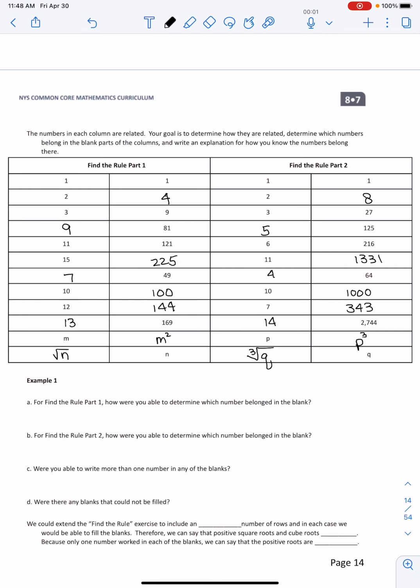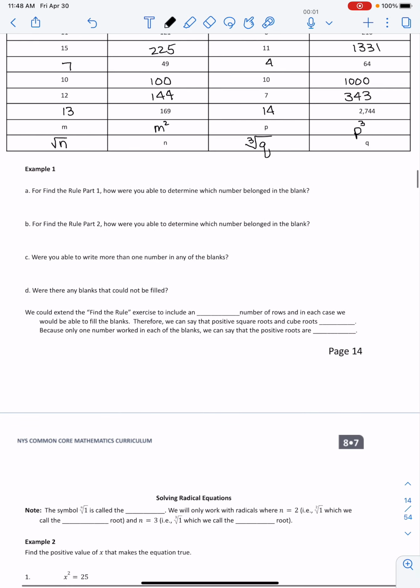Okay. So now it says for example 1, for find the rule part 1, how were you able to determine which number belonged in the blank? Well, to go right, we square the number on the left.